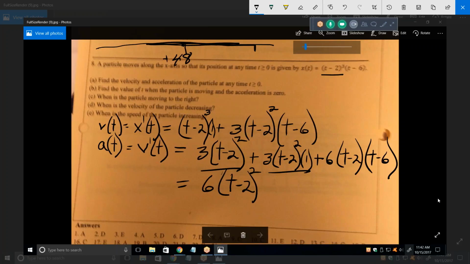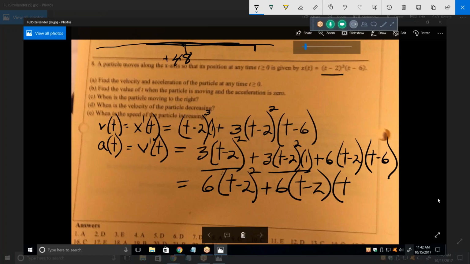I actually could multiply these all together and combine t squareds and end up with one gigantic quadratic. And I'm tempted to do that, other than the fact that we're running out of time and I want to get to the rest of these because the rest of these questions are important. So for the moment, let's just write it like this.